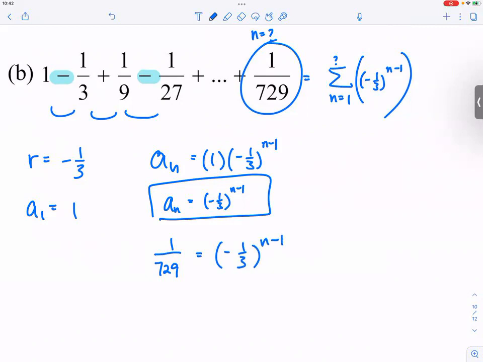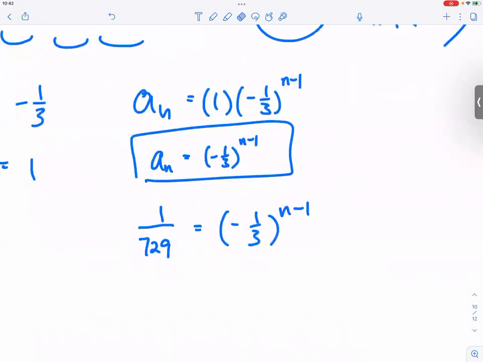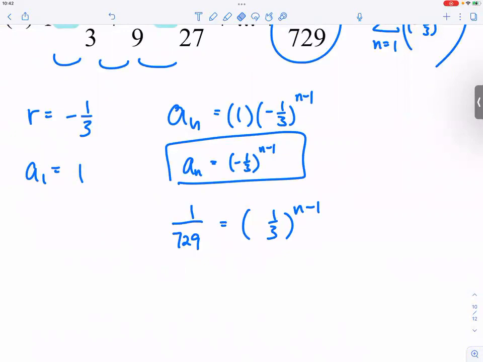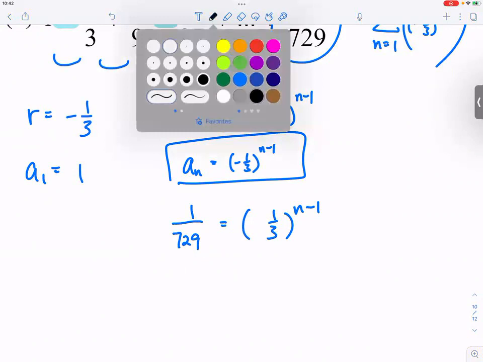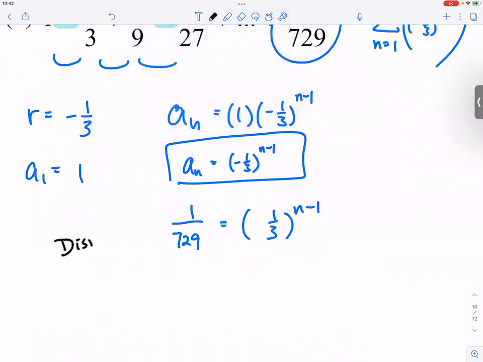Now, we're going to do something artificially based on a reason. What are we going to do? Let's go ahead and disregard the minus sign for the moment. The reason is the most important part.